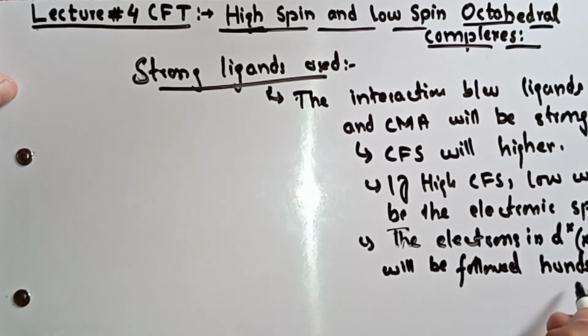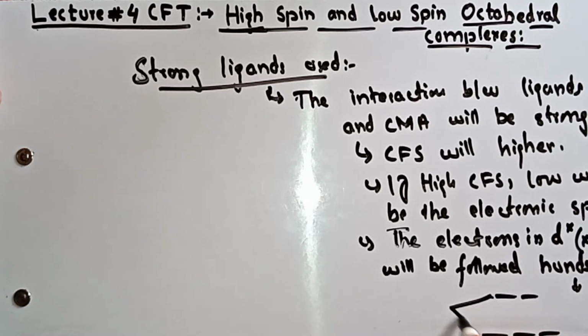What is Hund's rule? According to Hund's rule, the electrons will pair up only when each of the 5 d orbitals is at least singly filled.